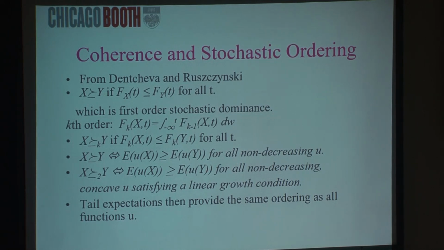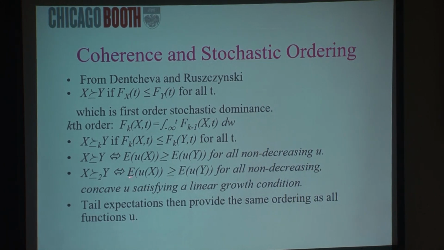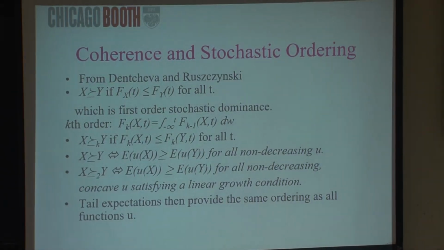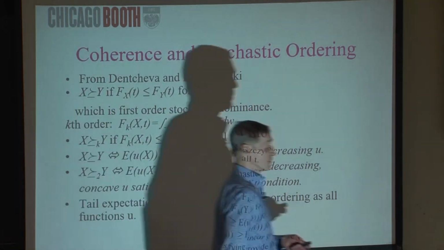If I can show that something is second order dominant, then I would show that I optimize with respect to all coherent risk measures.